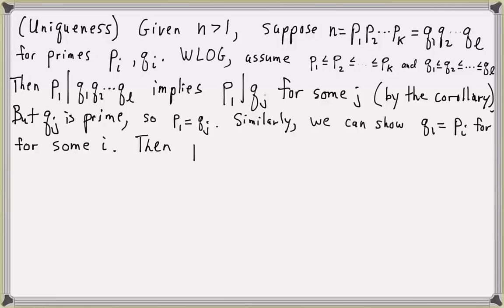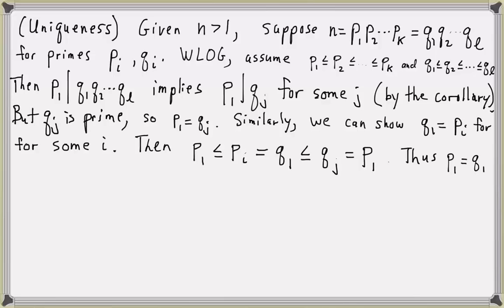Then p1, which is less than or equal to this pi, because they're written in increasing order, which equals q1, which must be less than or equal to qj, which equals p1. So by this chain of inequalities, we see that p1 must equal q1. Thus, p1 equals q1.